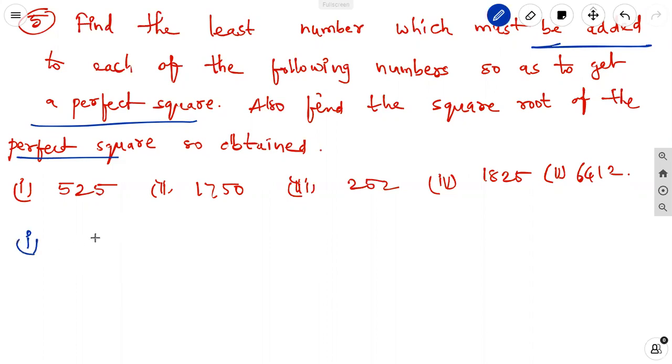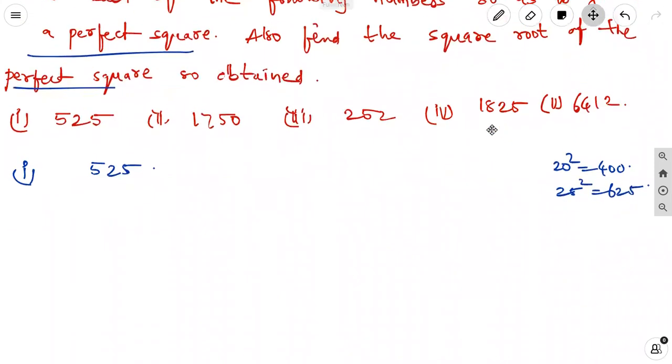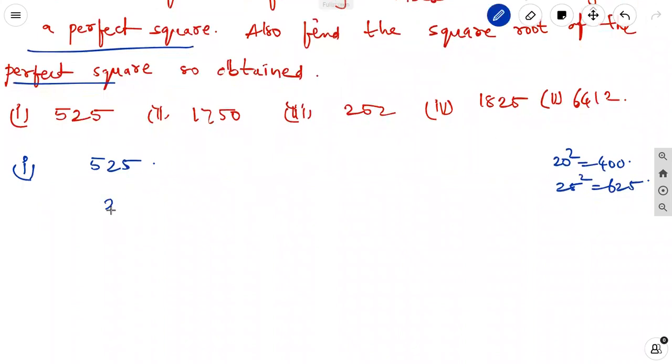The first one is 525. Here 20 square is equal to 400 and 25 square is equal to 625. So 20 square is less than 525, which is less than 625.